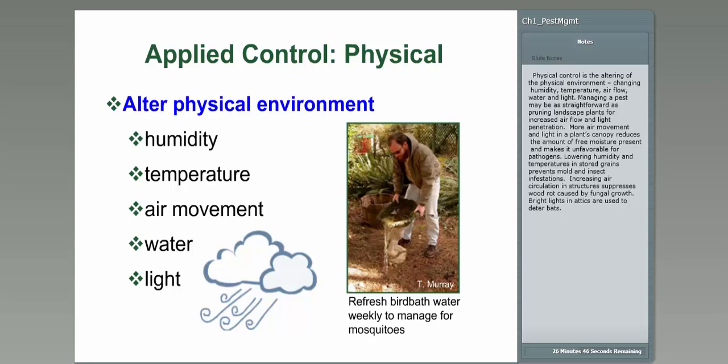More air movement and light in a plant's canopy reduces the amount of free moisture present and makes it unfavorable for pathogens. Lowering humidity and temperatures in stored grains prevents mold and insect infestations. Increasing air circulation in structures suppresses wood rot caused by fungal growth. Bright lights in attics are used to deter bats.